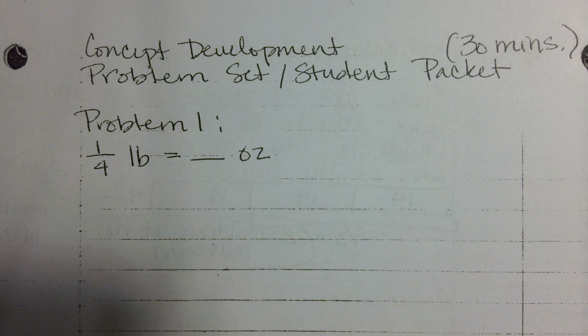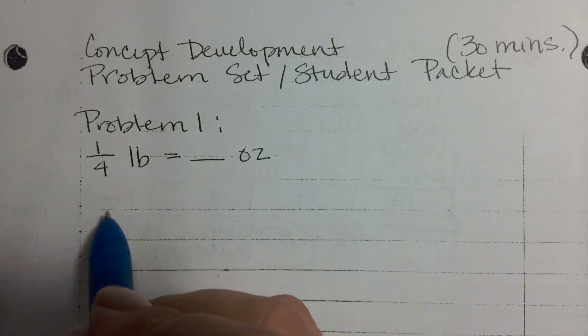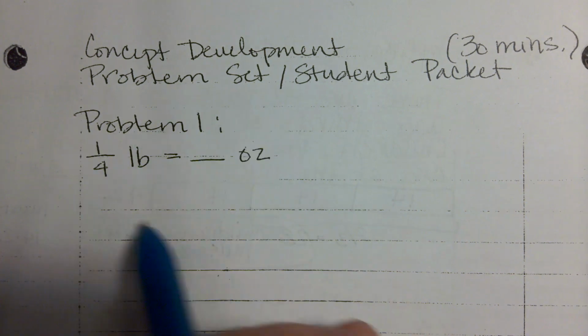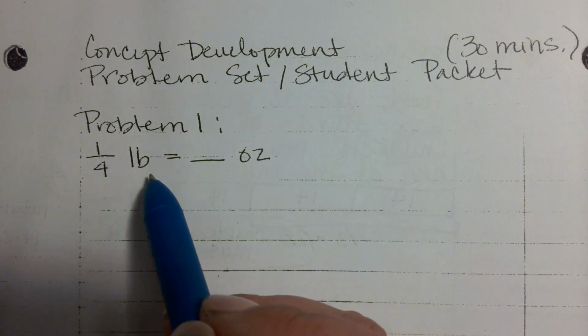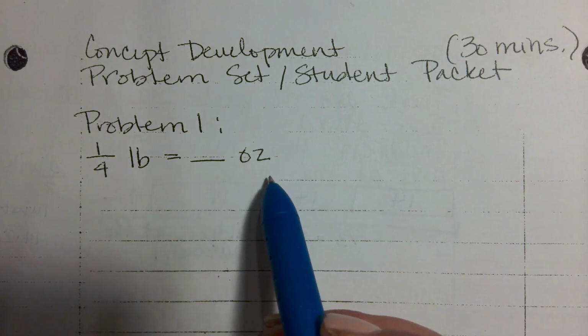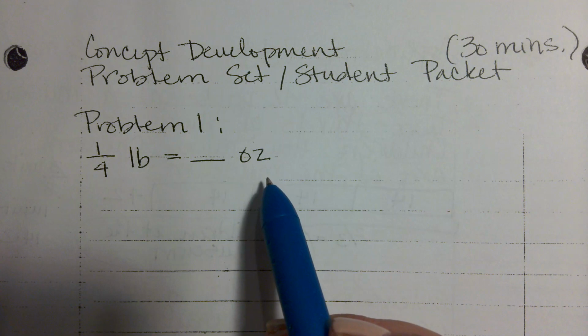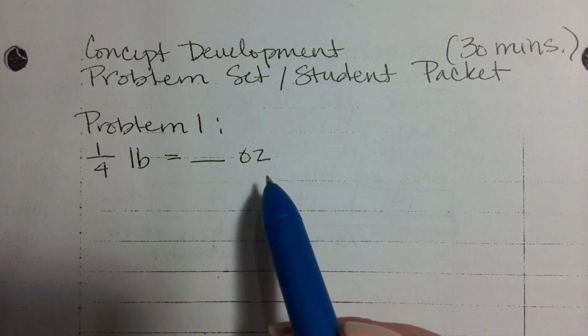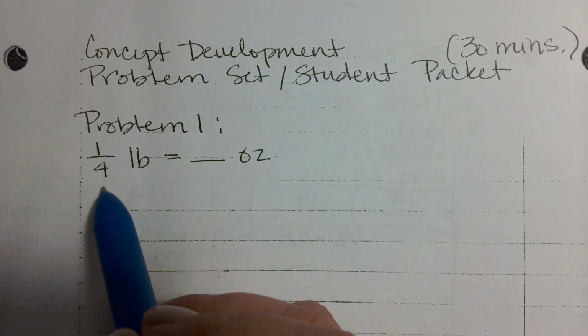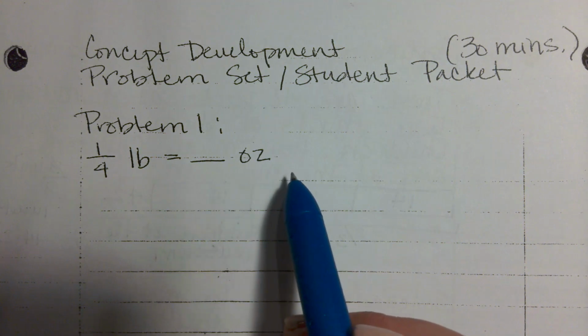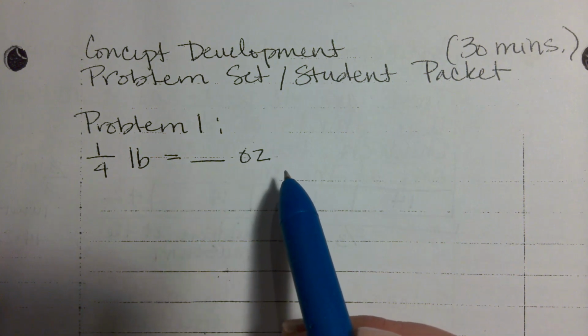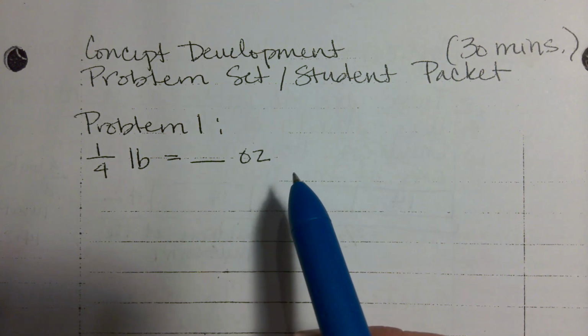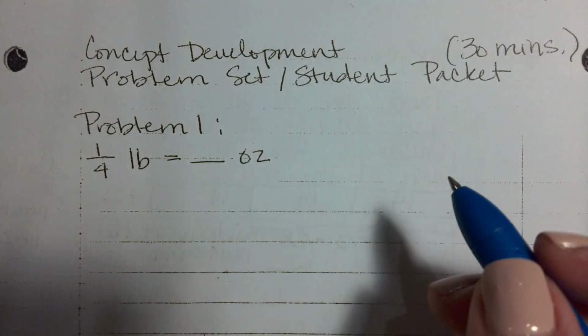Okay, here we go. So our problem that we're starting with is 1/4 of a pound is equal to how many ounces? Now, going back to what we've been learning about multiplying a fraction by a whole number. Remember, multiplying a fraction by a whole number, that is our big idea that we're working on right now.